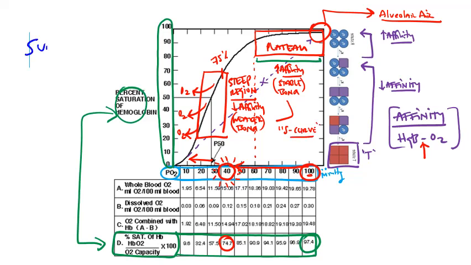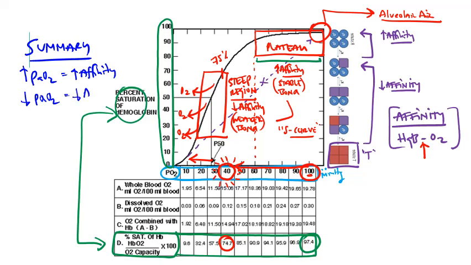So in summary, the higher the PaO2 goes, the higher the affinity goes between the bonds, between hemoglobin and oxygen. And the lower arterial PaO2 goes, the lower the affinity goes as well, which leads to more oxygen available.